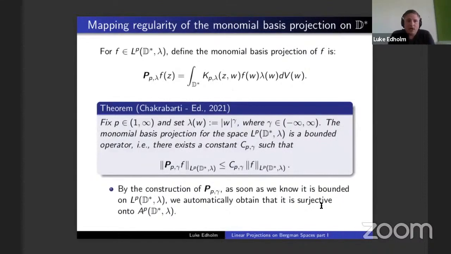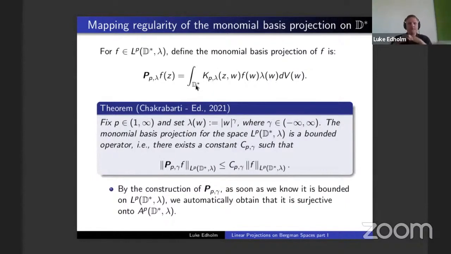So now, mapping regularity of this monomial basis projection. I didn't define the projection, but of course it's the obvious thing: take a function, integrate it against this kernel with respect to this weight over the punctured disk.